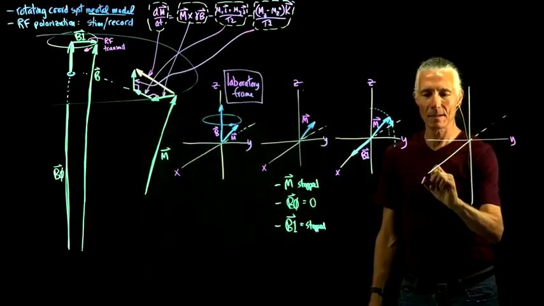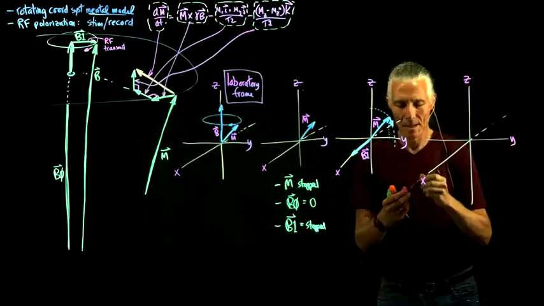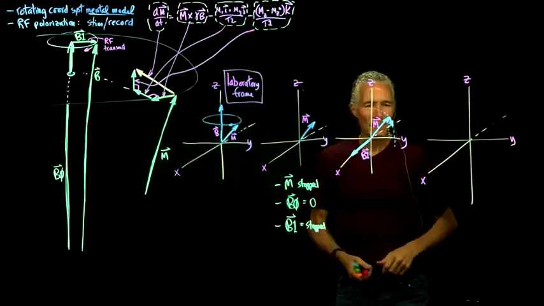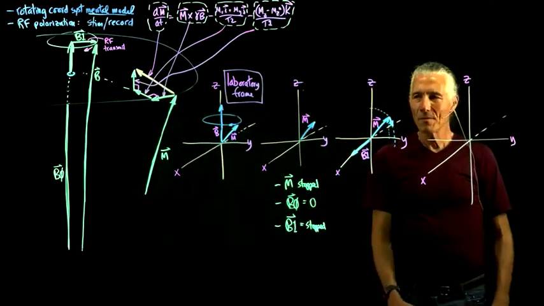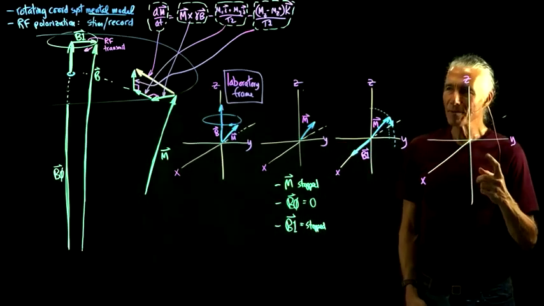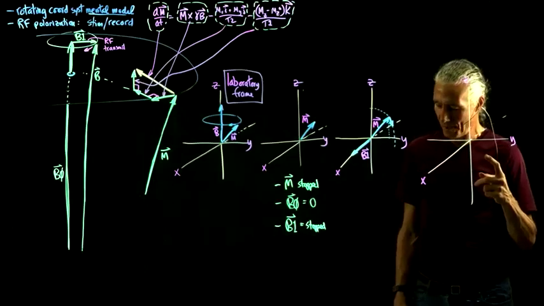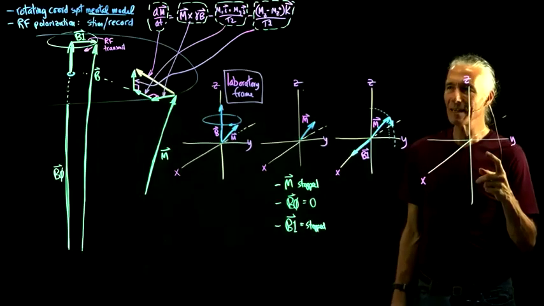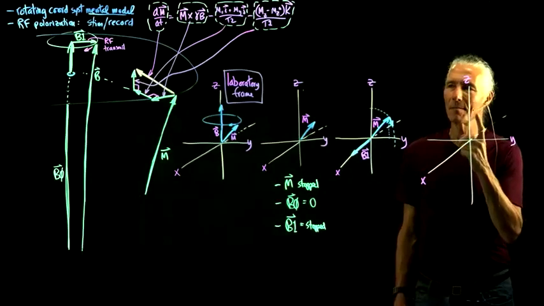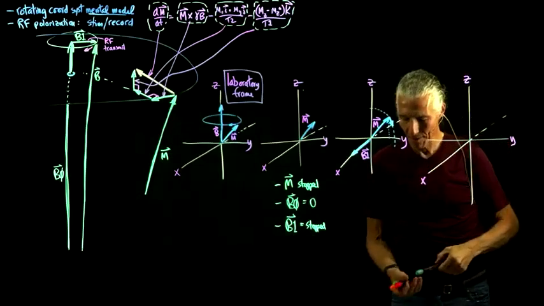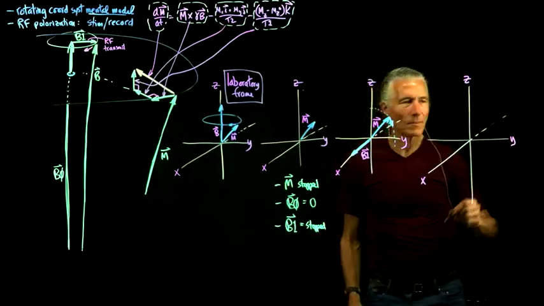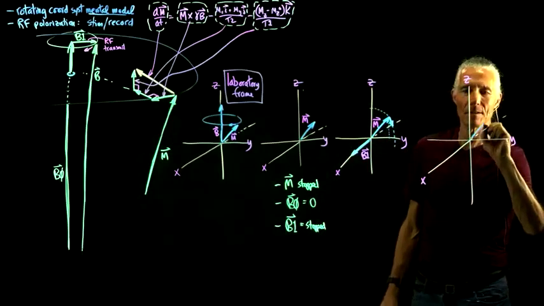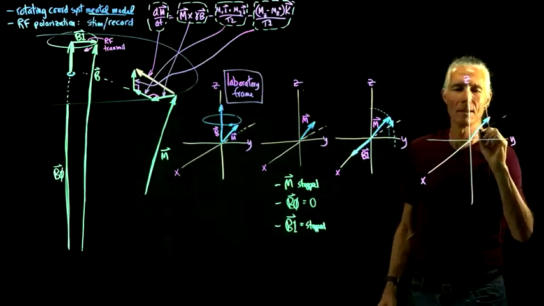So here's the same y-axis, x-axis, and z-axis. Now let's say we've set our rotating coordinate system, which is going to be our B1 frequency, slightly off of the actual M rotating frequency. So here's the M vector as we had it before.